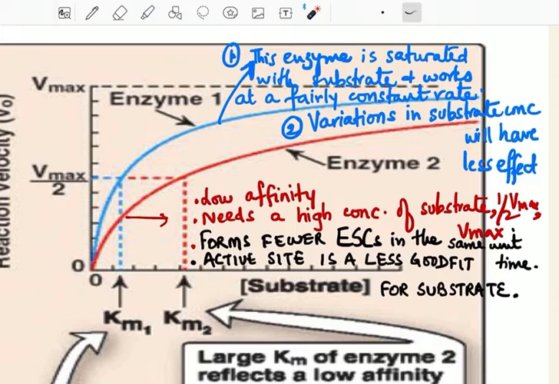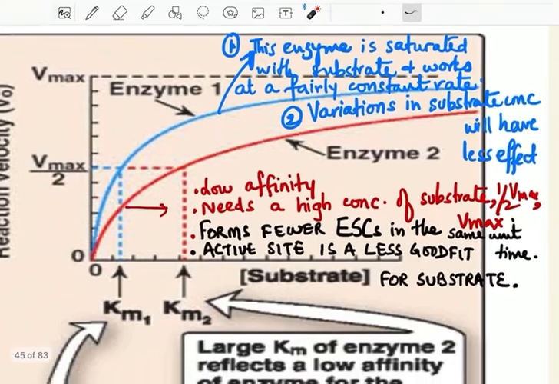So how have I annotated it? For blue graph, I can say the enzyme with a low Km is saturated with substrate and works at a fairly constant rate. So hence variations in substrate concentration will have less effect on this enzyme.